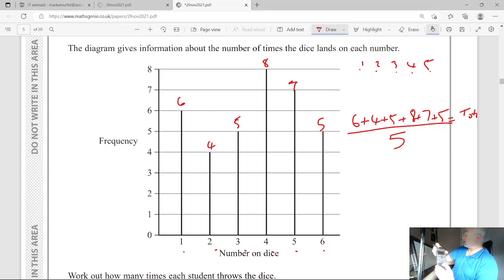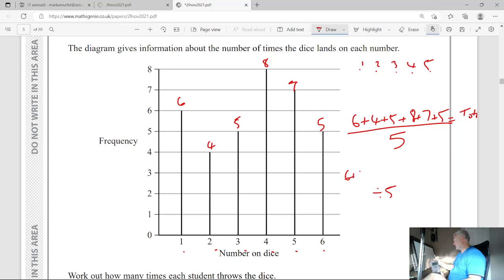Press that one and you can type it all in. So 6 plus 4 plus 5 plus 8 plus 7 plus 5. Tab down, you come to the bottom line, I'm dividing by 5. I could put it all in one sum, or I could write the top line and then divide by 5.